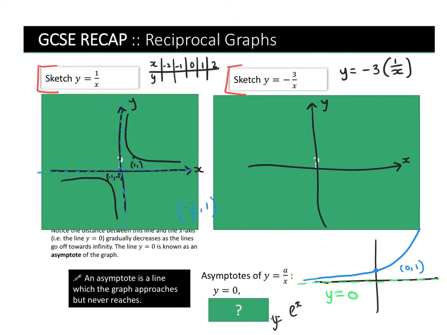So minus a third, 1 is here, like this. Is that right? So our new points are minus 1, 3 here, and here we're going to have 1, minus 3. And again, we're going to have our asymptotes on these lines here.